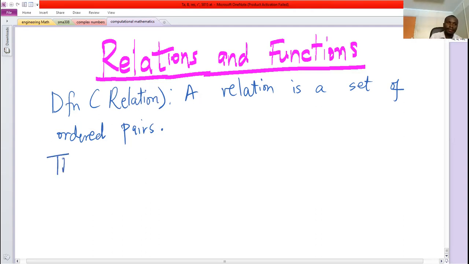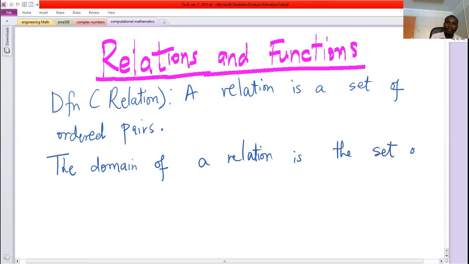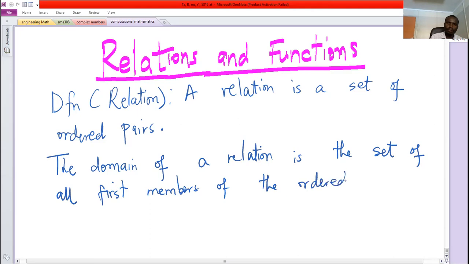And then the domain of a relation is the set of all first members of the ordered pairs. So that's how we define the domain of a relation.